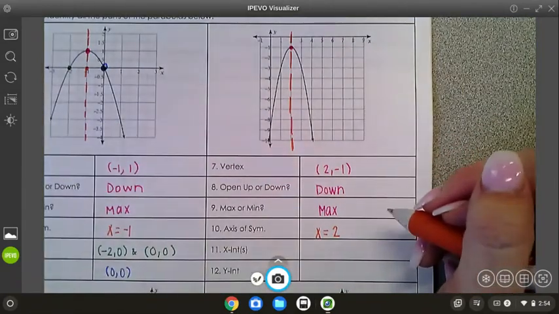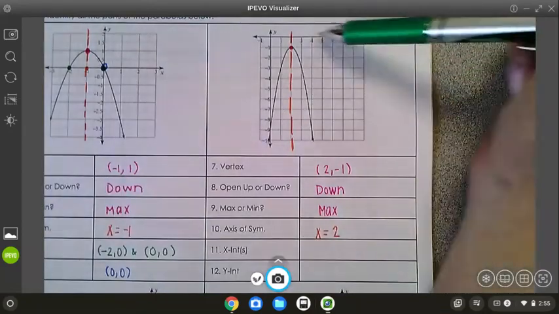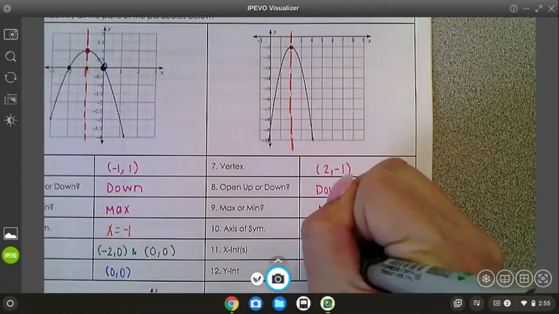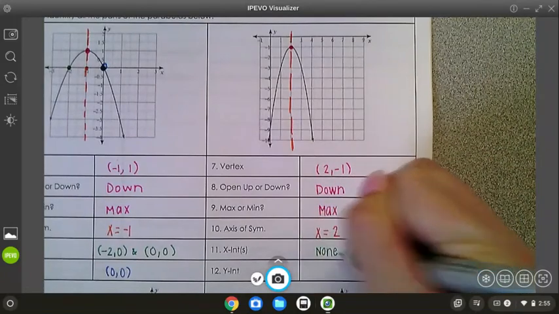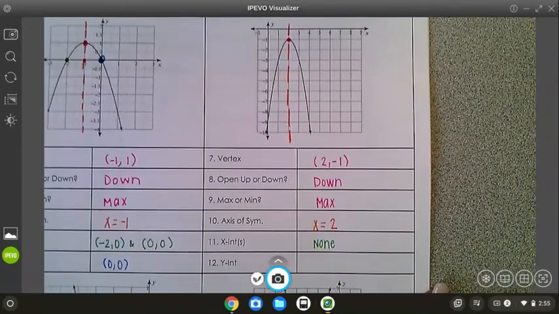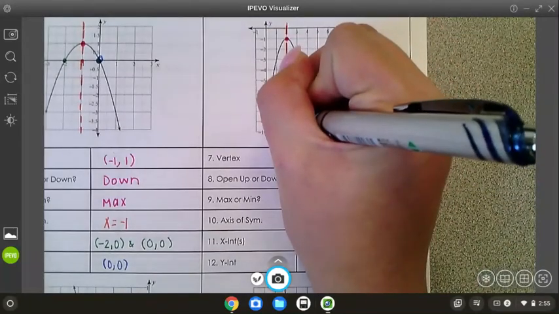Look at the x value of the vertex. X-intercepts. This parabola actually does not cross the x-axis, so there are no x-intercepts. And the y-intercept looks like it crosses about right there.